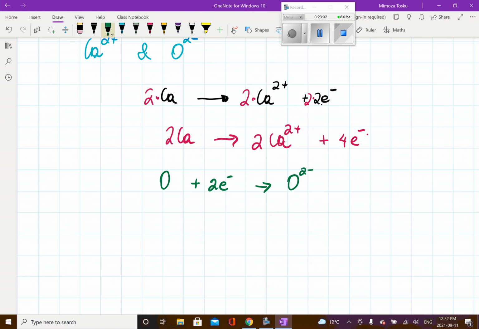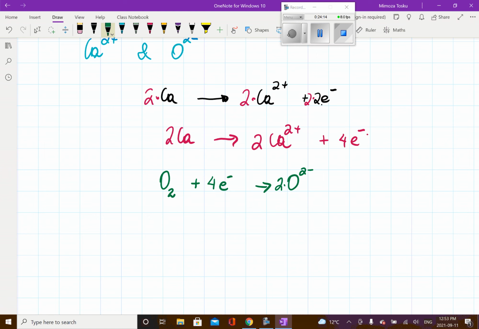However, when we multiply, oxygen cannot be on its own, so it is O2, and then times 2. So as the final half reaction, we will have 4 electrons here. It makes sense because, based on the conservation of charge, electrons are not created or destroyed. Whatever is given away will be grabbed or absorbed by something else.